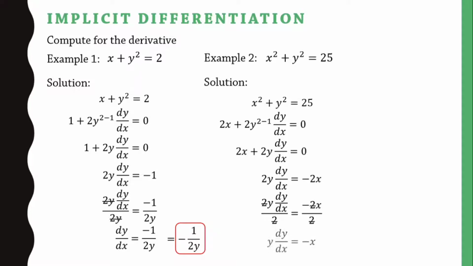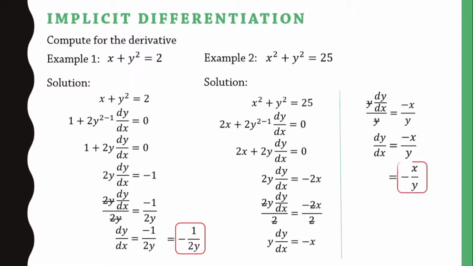Again, divide by 2, so what will be left is y dy over dx equals negative x. Then to eliminate y, we divide both sides by y. Or you could just divide by 2y. You will get the same answer either way. So dy over dx is equal to negative x over y.